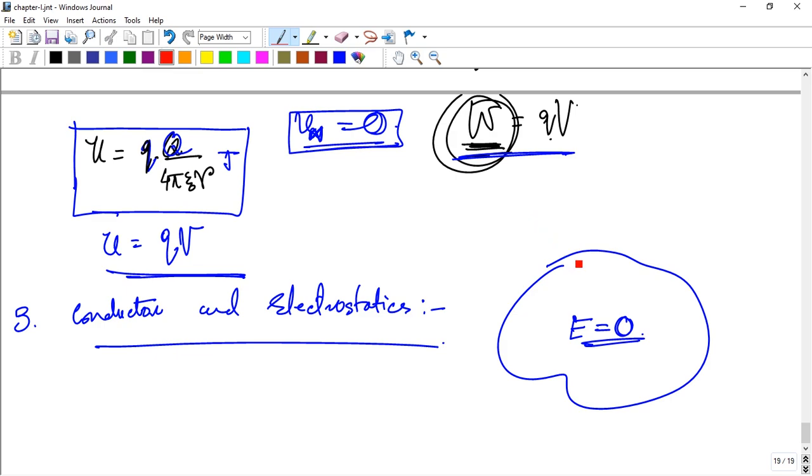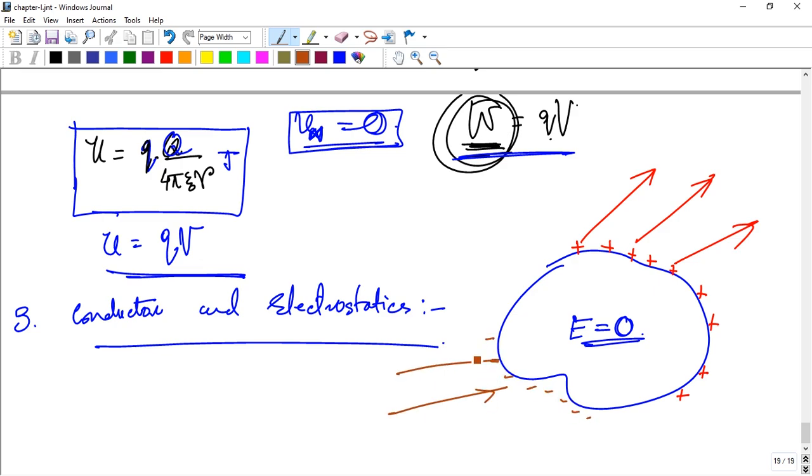Suppose there is a positive charge on the surface, the electric field is outside; if there is a negative charge, the field is likewise at that one end. So the entire charge of a conductor resides on its outer surface. Keep in mind, only on the outer surface.